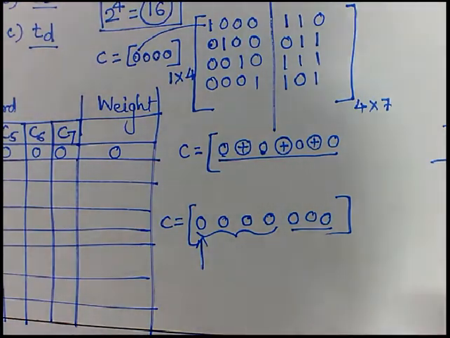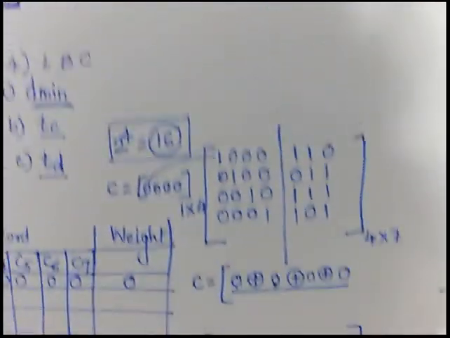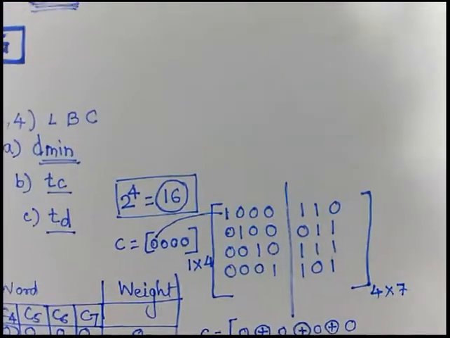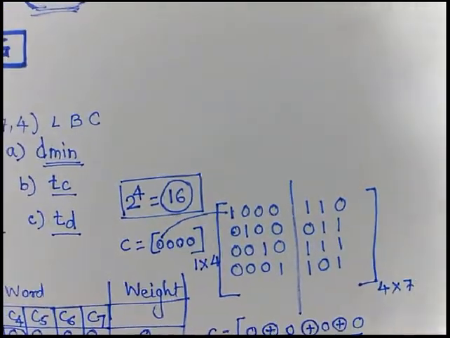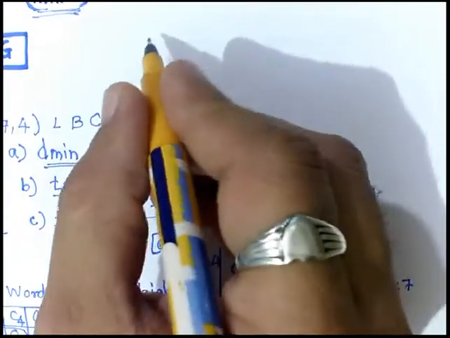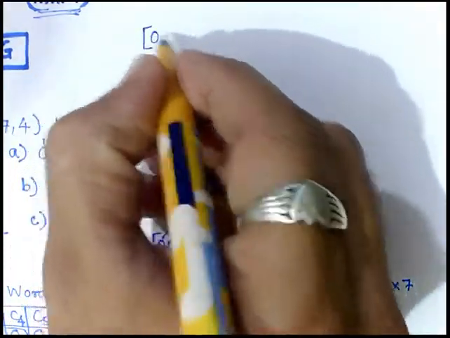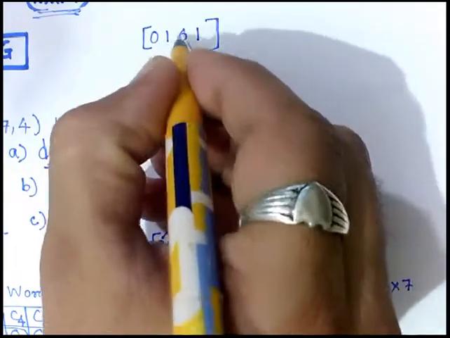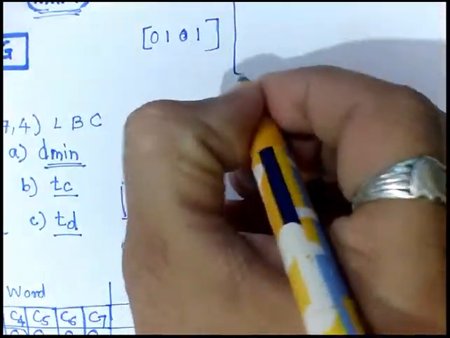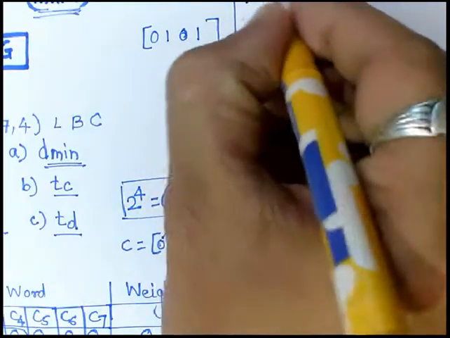Just check the matrix we have just seen. Now we need to obtain the multiplication of D into G, where the D being taken right now is 0 1 0 1. I want to multiply it with the generator matrix, that is 1 0 0 0.